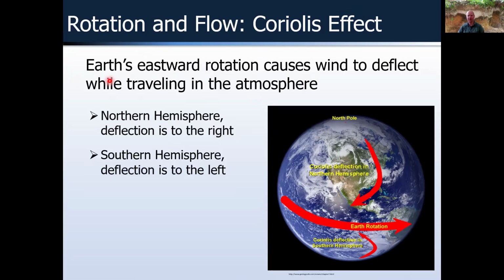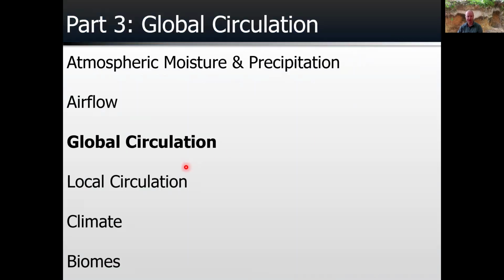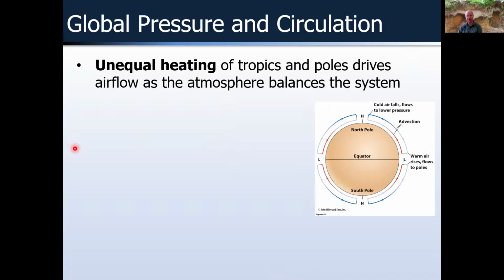With our eastward rotation of Earth, if you track an air mass, there'll be an apparent deflection to the right in the northern hemisphere and an apparent deflection to the left in the southern hemisphere. This is caused by the rotation of Earth on its axis, and the process is known as the Coriolis effect. So now this leads us right into understanding global circulation patterns.